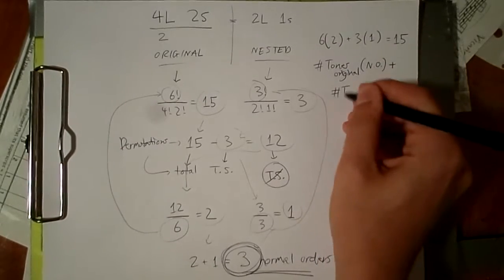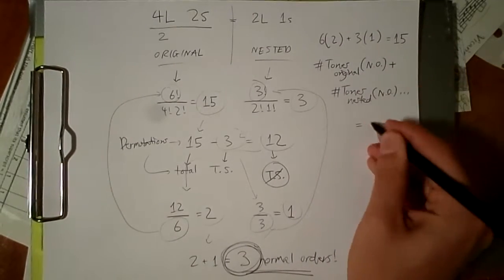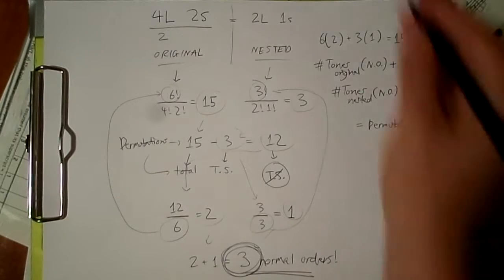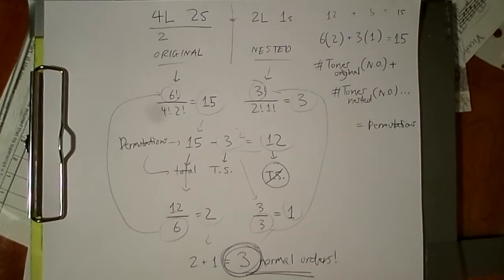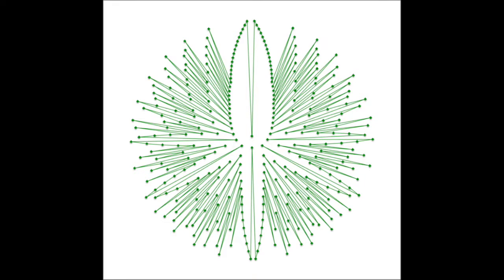It's also helpful to look at this by listing the number of normal orders multiplied by their respective numbers of tones for the original and nested set. In sets with more than one factor in common, the process has to be repeated again for doubly nested sets, so that every set that can incur a subtraction or have factors in common gets a subtraction. This is why I didn't do 4L4S first. It can divide by 4 and 2, you see, which makes it a little bit more complicated.